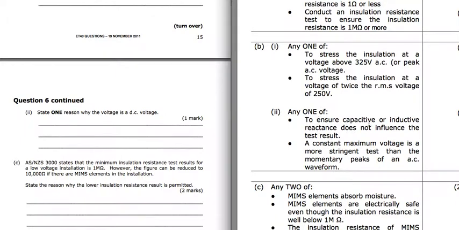There's also this thing of a capacitive or inductive reactance does not influence the test result. So if we put in an AC voltage in there, we could produce XL and XC that's going to mess about with the result. So if we put straightforward DC, we know that that's not going to take place. I think the easiest one to remember though is that it's a constant maximum voltage.